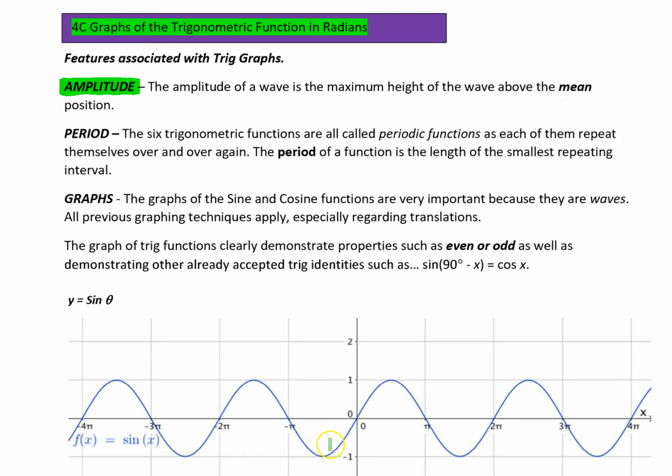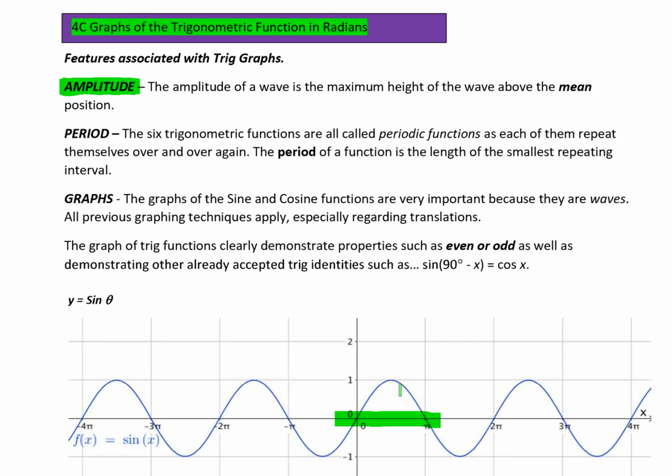Now remember, I said these are wave graphs, so they're repeating themselves, keeping the same pattern up and down. We would say for this particular one, the x-axis is actually the mean position. It's exactly the middle of the graph.